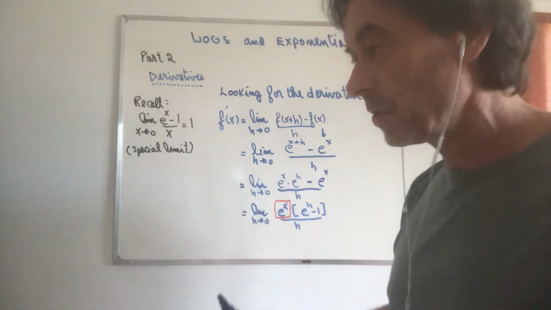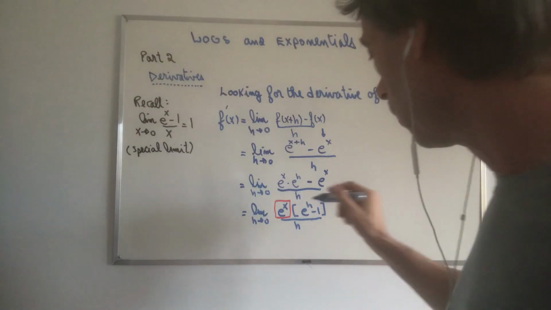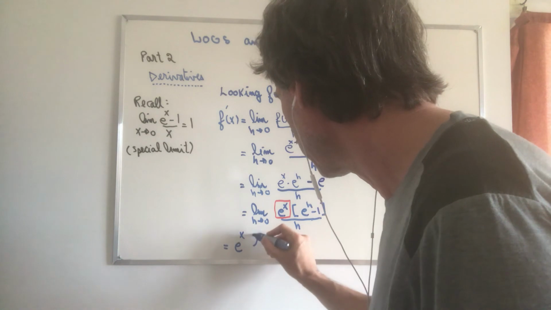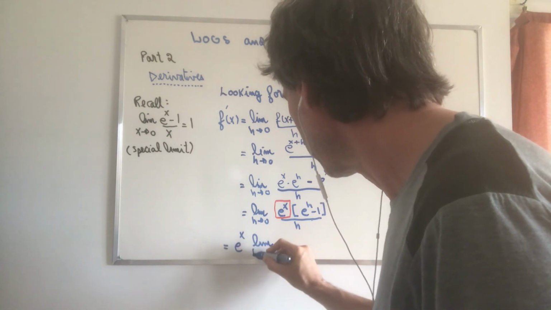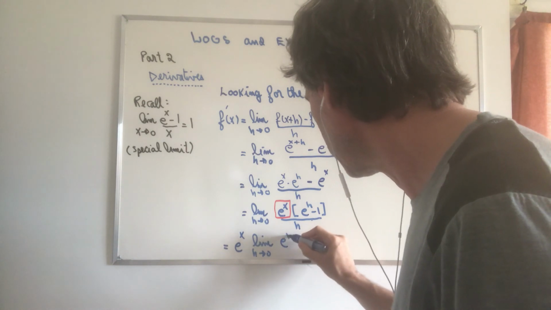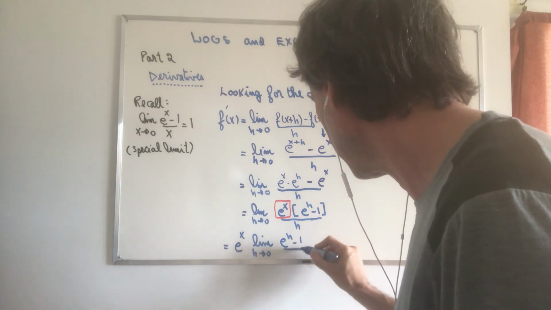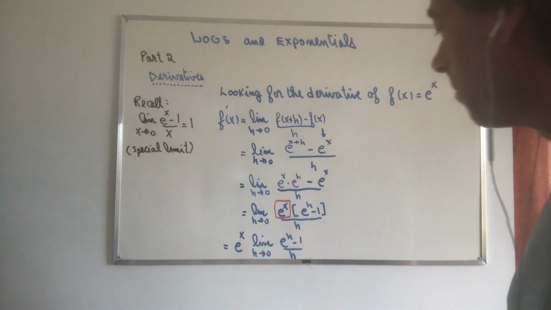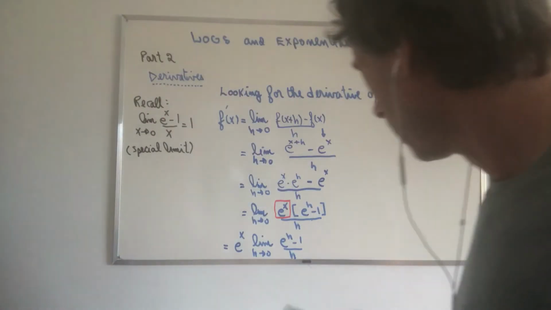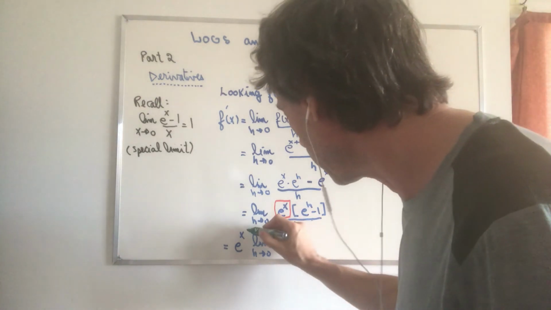I'm going to treat this as a constant. And what can I do with a constant? I can pull it outside of the limit. Oh, now ain't that sweet? Ain't that just so lovely? Because check it out. Limit as h goes to 0 of e to the h minus 1 over h.